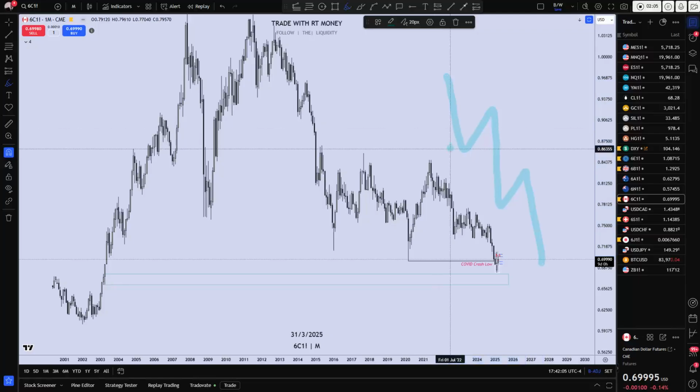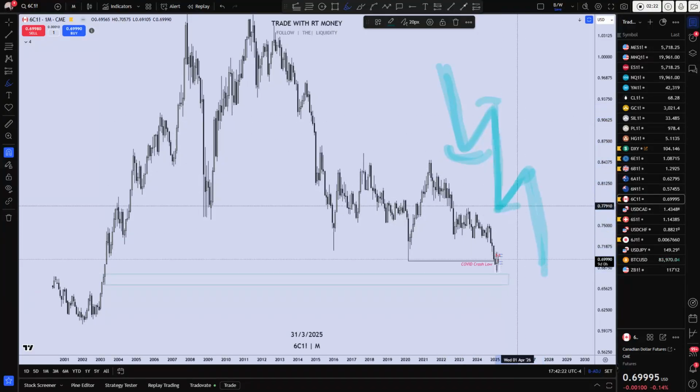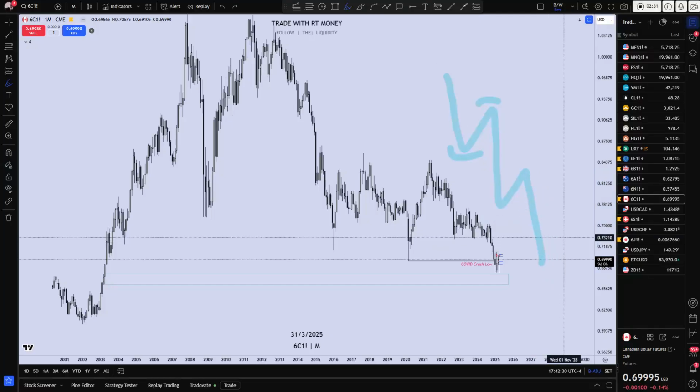This is the exterior. This is the interior, back inside of that leg of structure. Interior, exterior. We took the exterior, we're going back into the interior in this leg of structure, and then we take the low. That's exterior, and we are now pulling back. Hope you can follow that.